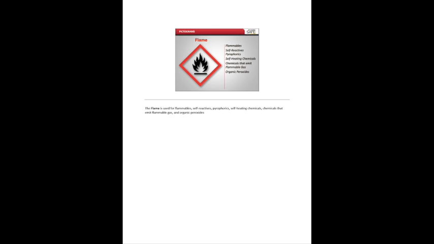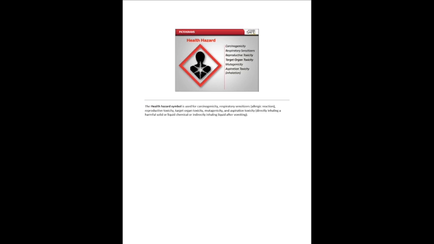Next slide. The flame is used for flammables, self-reactives, pyrophorics, self-heating chemicals, chemicals that emit flammable gas, and organic peroxides. Next slide. The health hazard symbol is used for carcinogenicity, respiratory sensitizers, which are allergic reactions, reproductive toxicity, target organ toxicity, mutagenicity, and aspiration toxicity, which is directly inhaling a harmful solid or liquid chemical or indirectly inhaling liquid after vomiting.